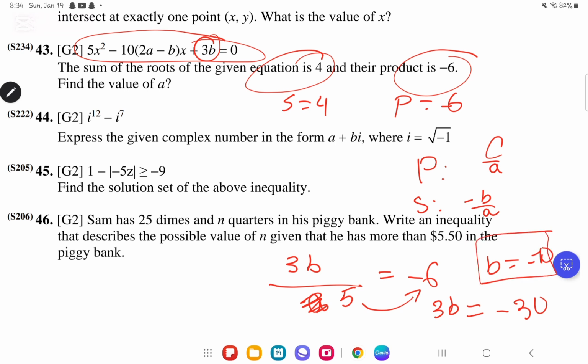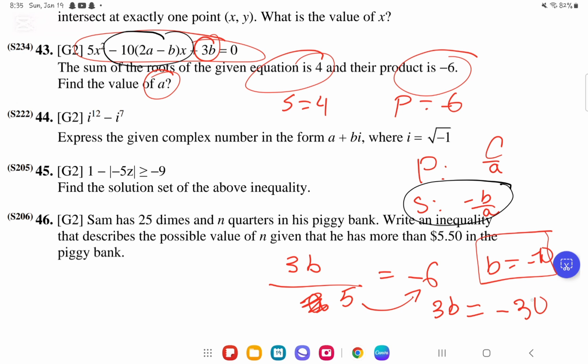We have the value of B. But do they need the value of B? No, they need the value of A. So to find the value of A, we are going to use the sum. We know that the sum is minus B over A. We are given minus 10 to A minus B x. Okay? This is our B. So we are going to do minus of minus 10 times 2A minus bx.